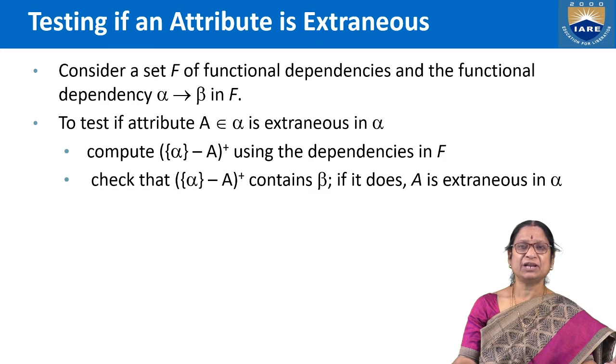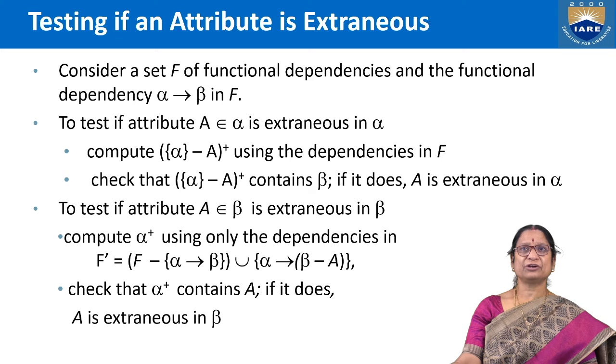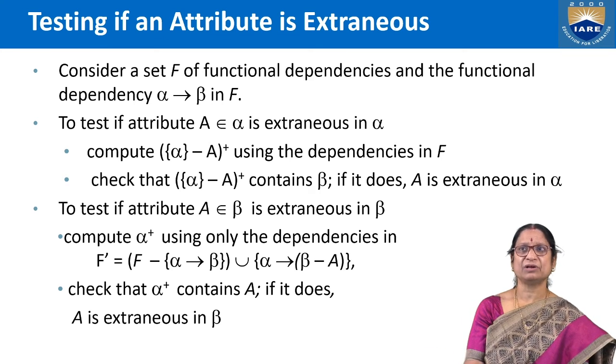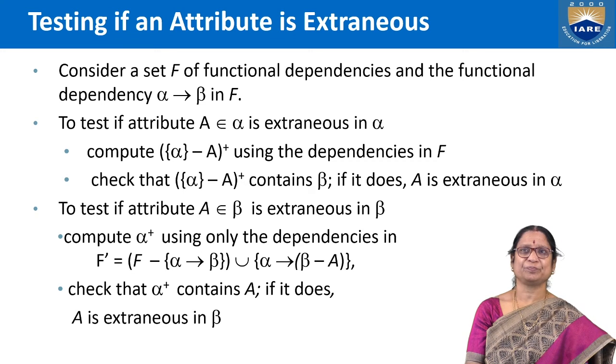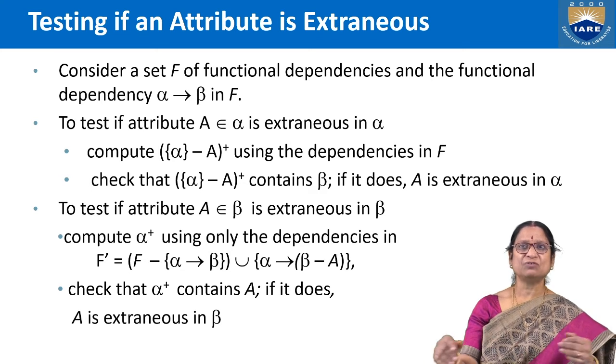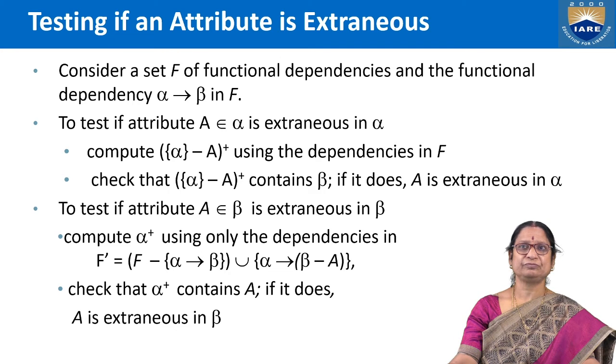So how to test if an attribute is extraneous or not? To test this, consider the set of functional dependencies F and the functional dependency alpha determines beta in F. To test whether attribute A belongs to alpha is extraneous in alpha, we have to compute alpha minus A closure using the dependencies in F. Attribute closure we discussed in the last session.